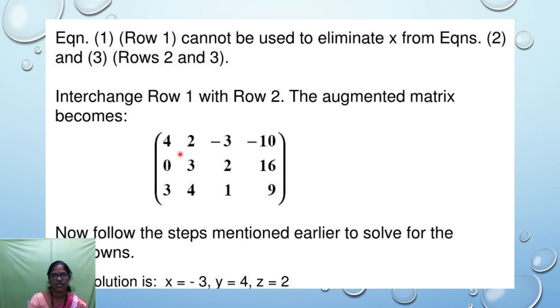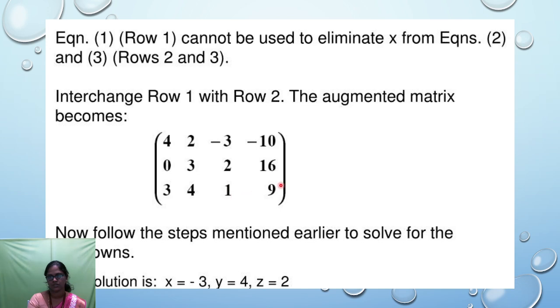So below the diagonal, the matrix is converted into an upper triangular matrix. Then the third step, what do we do? Using back substitution, equating the coefficient of z, here we get the value of z.